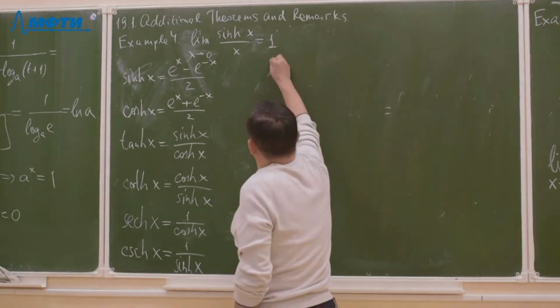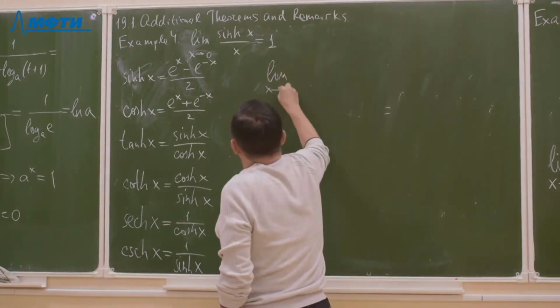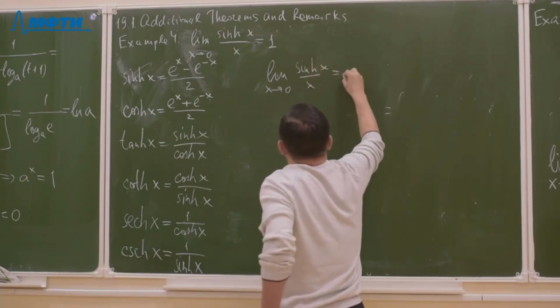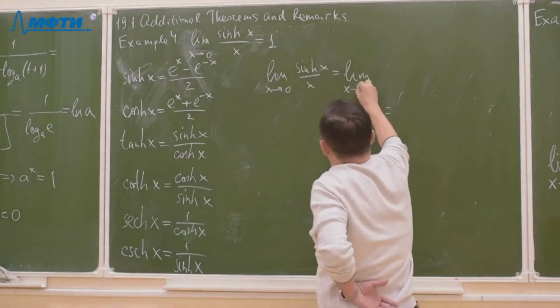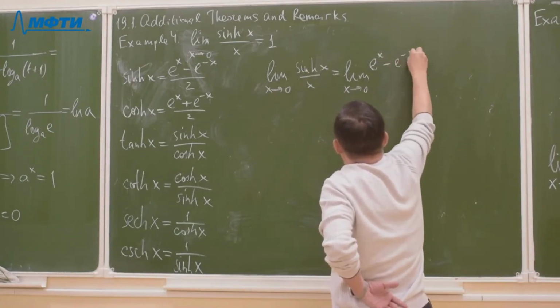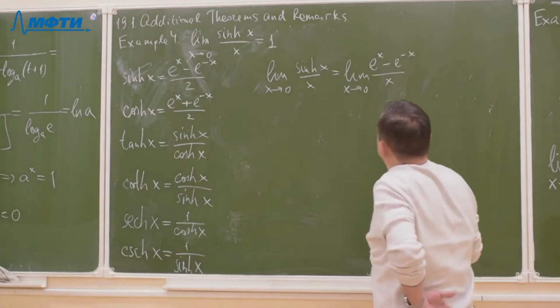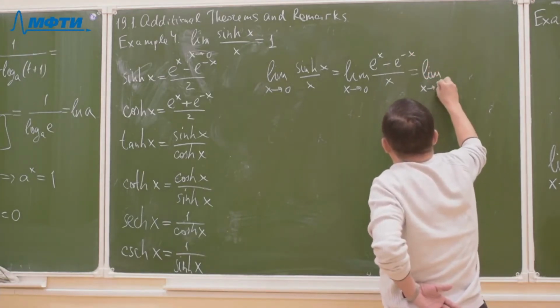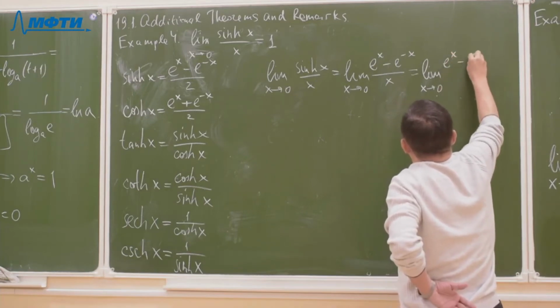What we can do now, we'll write the limit of sine hyperbolic x over x equals the limit of (e to the power x minus e to the power minus x) over x, and here we can add and subtract 1.